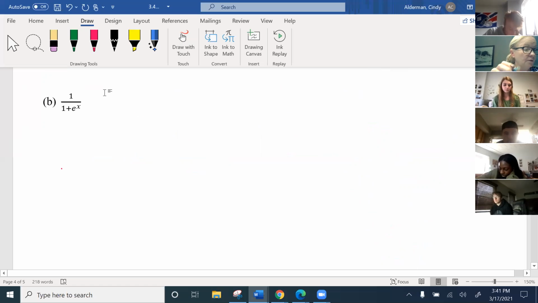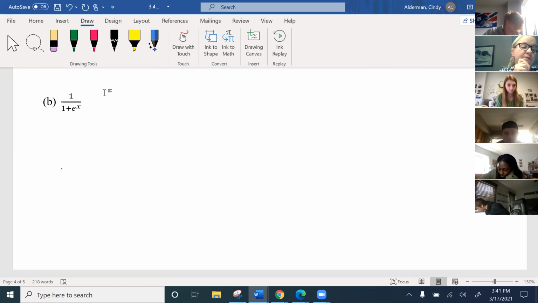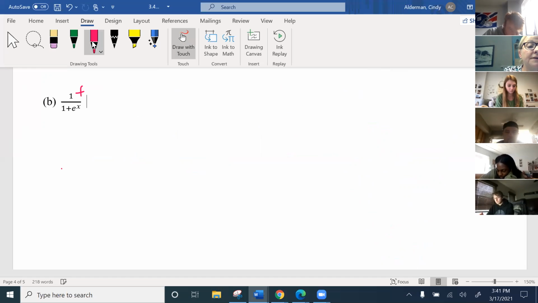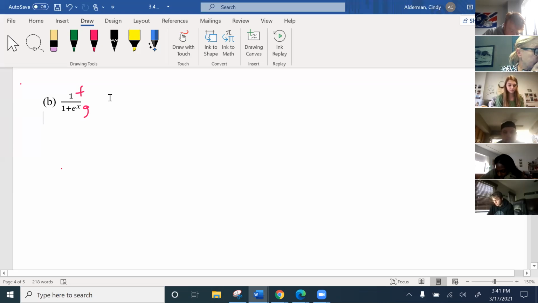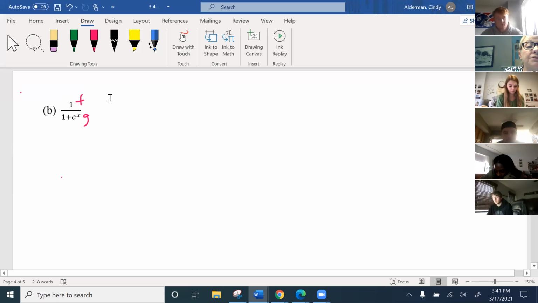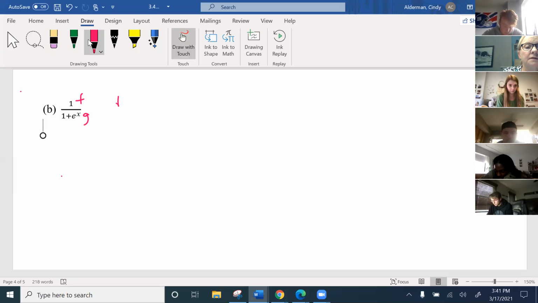Okay, so we're going to do f prime g minus f g prime. So let's identify, here's your f and here's your g. Okay, so I'm going to do the derivative d over dx of 1, multiply that by 1 plus e to the x, leaving it alone.